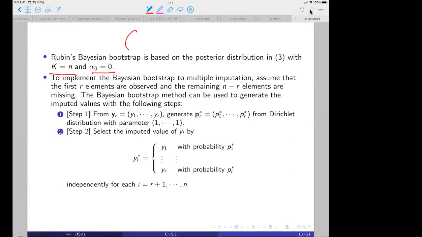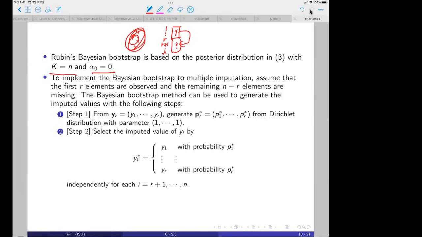So what is the bootstrap? Suppose you have y1 to yr, and then yr plus 1 to yn, right? And you have an observation y, and you don't know the missing ones. If you just do bootstrap, then you do it this way, right? You choose one at random and then replace.